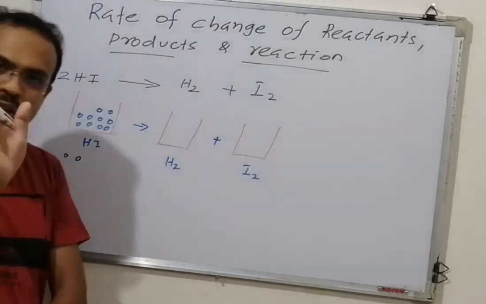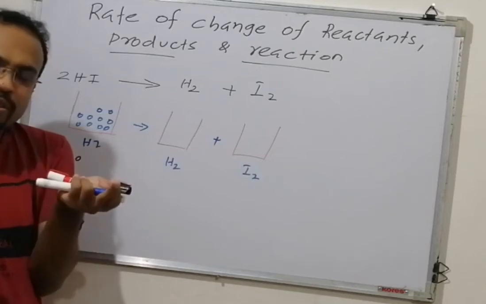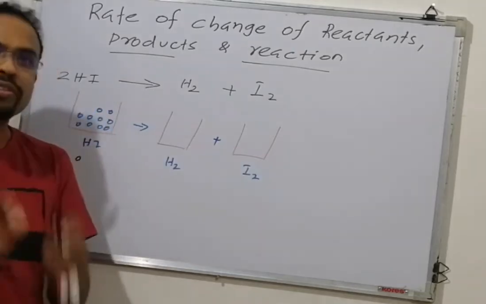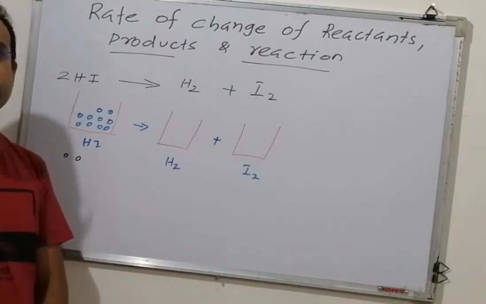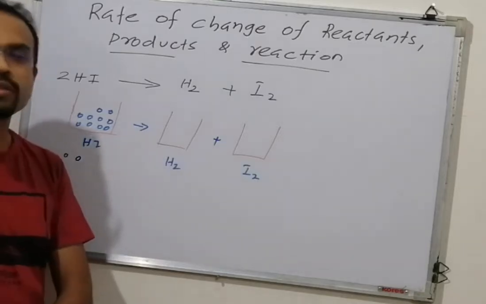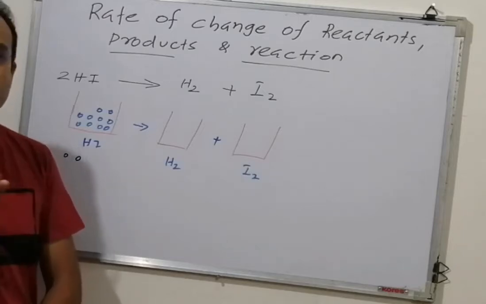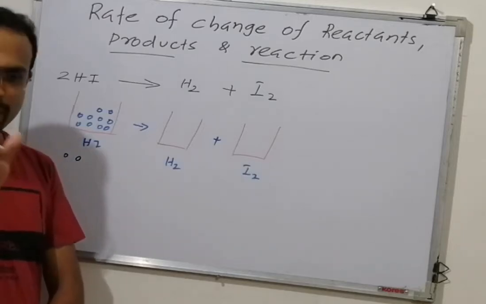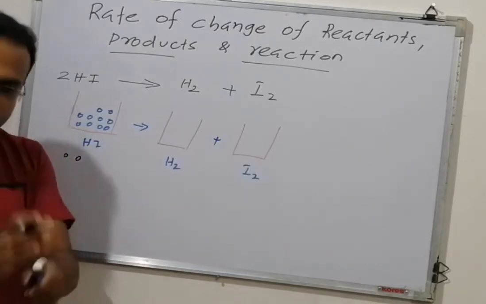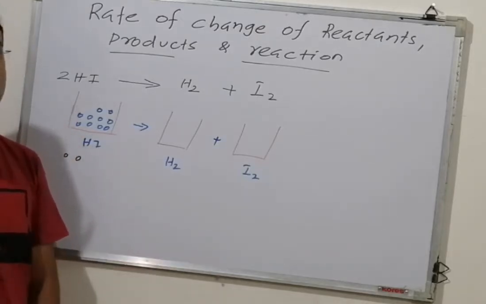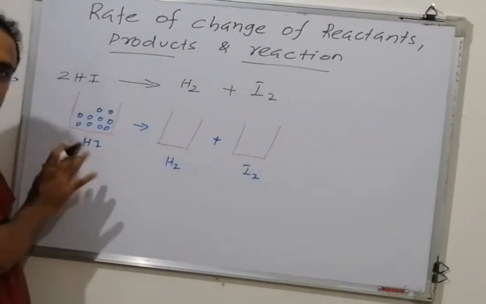Please, I request you, never think 2 molecules. Always think 2 moles. Whenever you take the molecular counts, they should be 2 moles. 1 mole, half mole. When there is half, my dear students, don't think that it is half of the molecules or half of the atom, it is half mole. But for convenience, you think 2 moles.